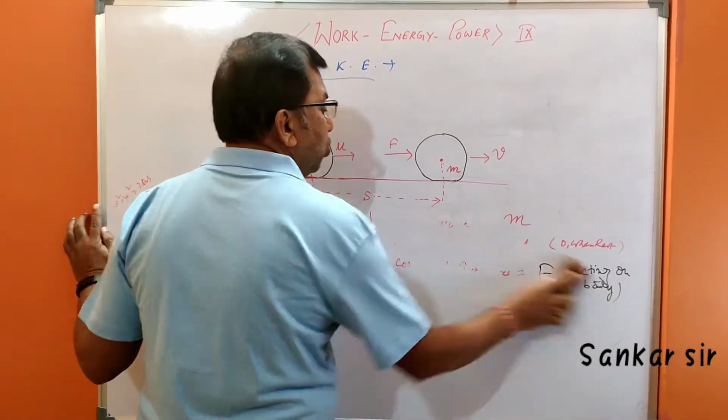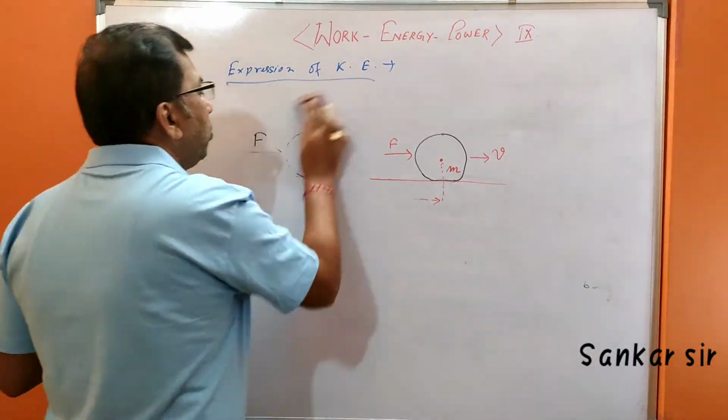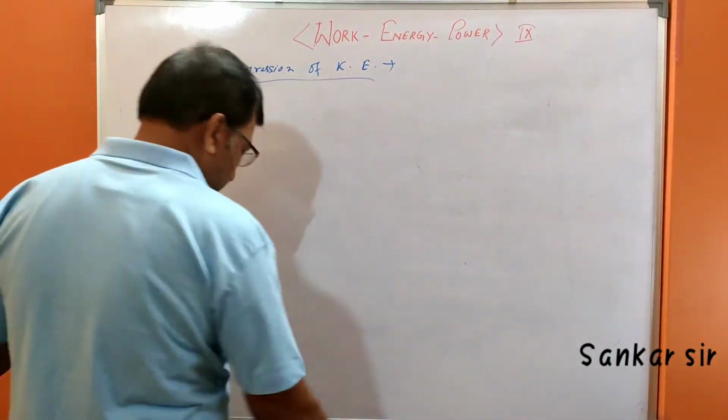From v square minus u square equals twice as, the rest we will find out. V square minus u square equals twice as, so s equals v square minus u square by 2a. What do we know from Newton's second law? F equals ma.